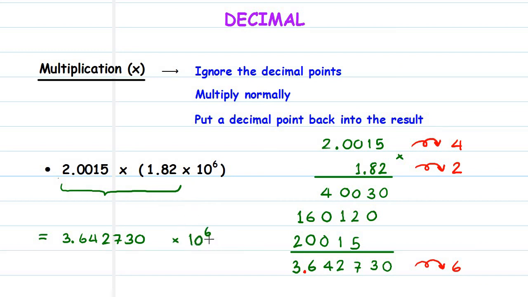And since this one has 6 zeros, we can move the decimal point to the right 6 times. And here we will have 3642730, and that is the answer.